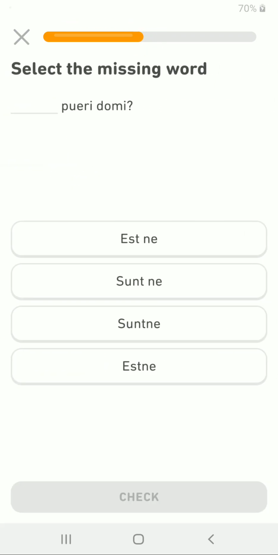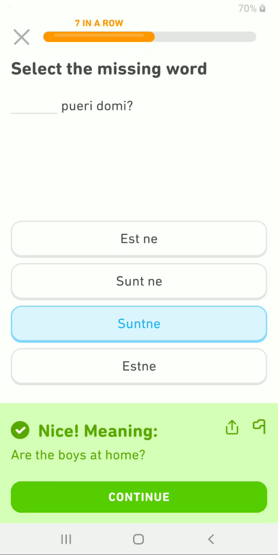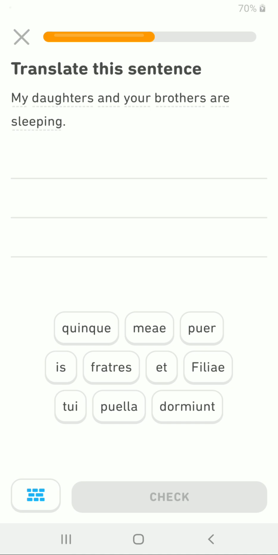And pueri dormi. Suntne. I think it's suntne because it's pueri, boys. Suntne because it's a question. So suntne pueri dormi. My daughters and your brothers are sleeping.